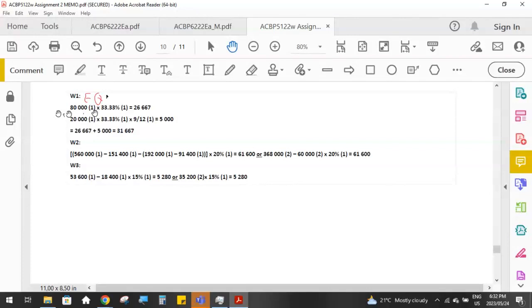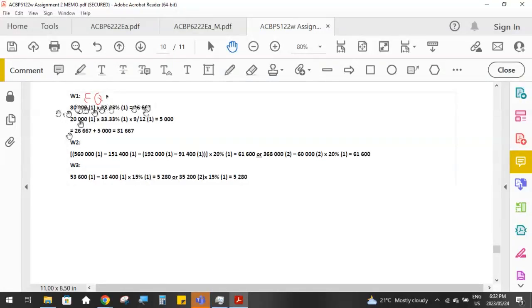We didn't sell any of it, so we had it for the entire year, and they told us that we depreciate equipment at 33.3% per annum on cost. So 80 times 33.33 equals the depreciation for the year on the equipment that we owned all the way through the year.